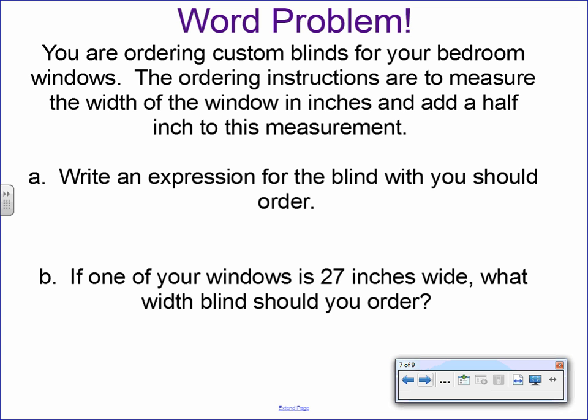Read through this problem and write down anything that you feel is important information from this problem. I'm not asking you to solve it yet. I just want you to write down what you think is important.